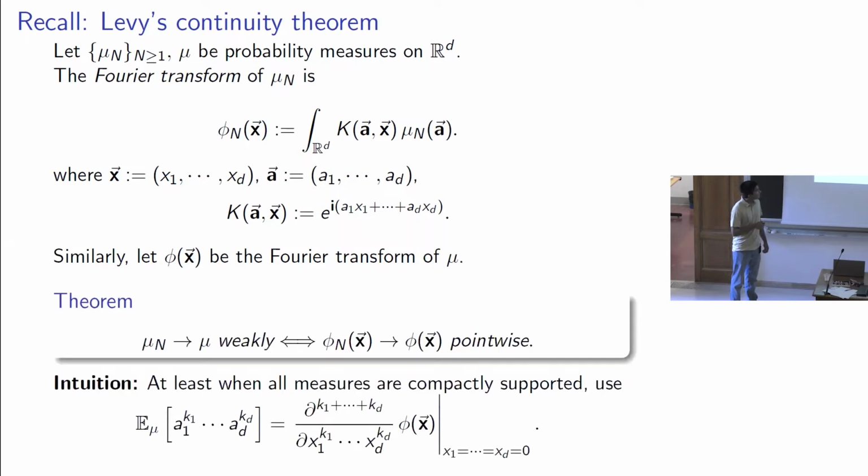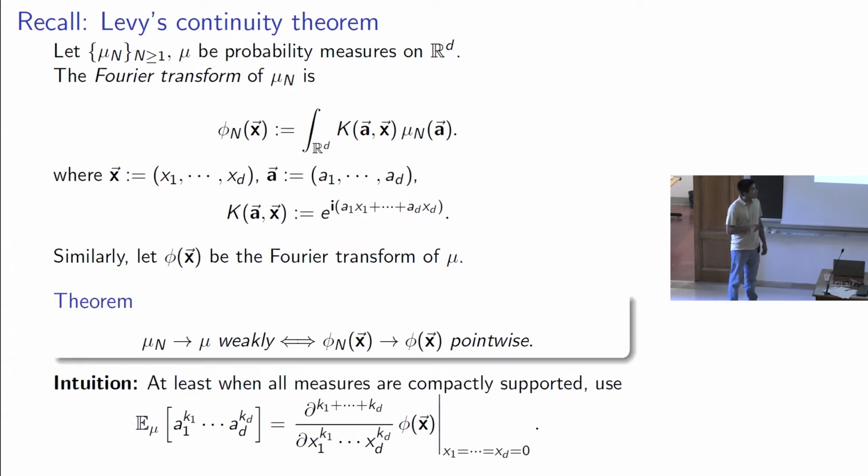Levy's continuity theorem tells me that weak convergence of probability measures is equivalent to pointwise convergence of Fourier transforms, okay? And there's nothing too mysterious about this statement because, for example, at least when the measures are compactly supported, this can be proved quite easily because weak convergence of measures of compact support is equivalent to convergence of moments, right?